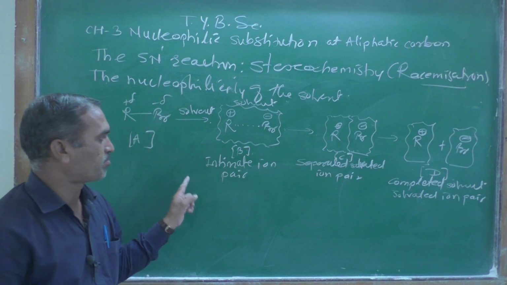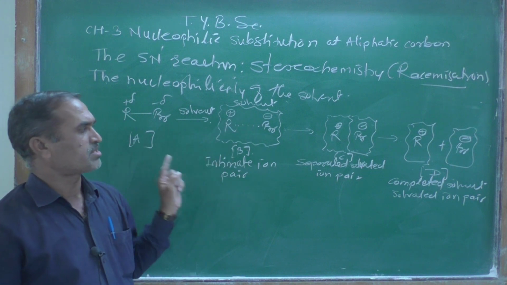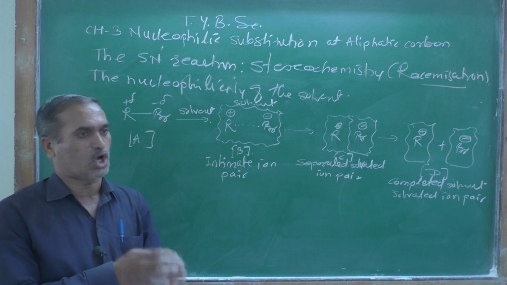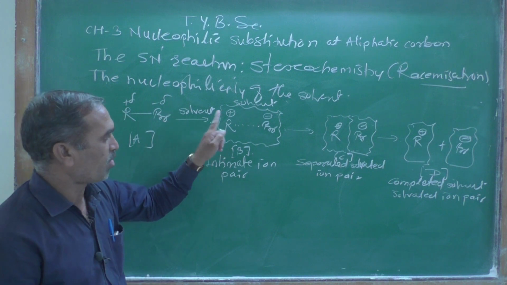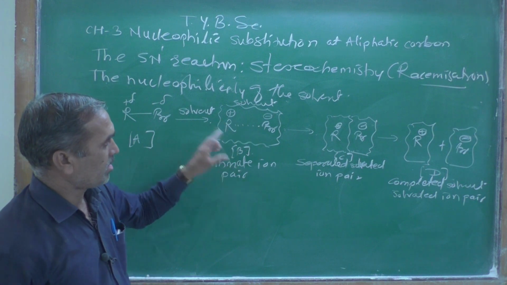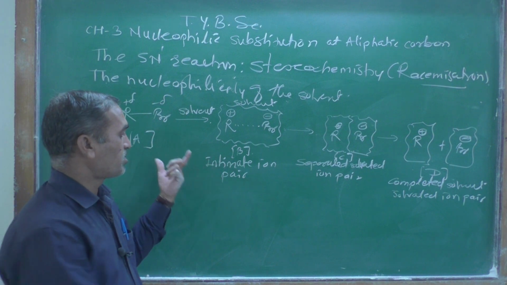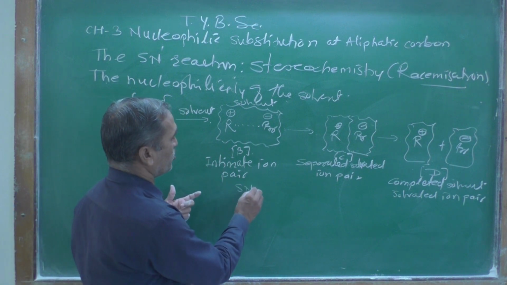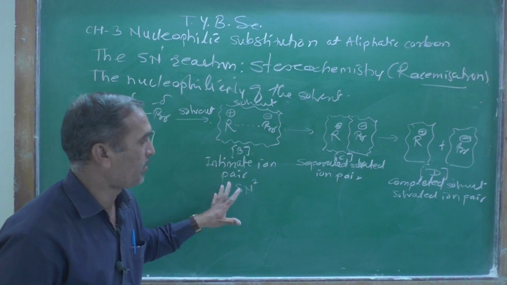In this type of intimate ion pair, the leaving group has not totally gone away from this, it remains in the close vicinity, and therefore such an intimate ion pair favors the SN2 reaction only.